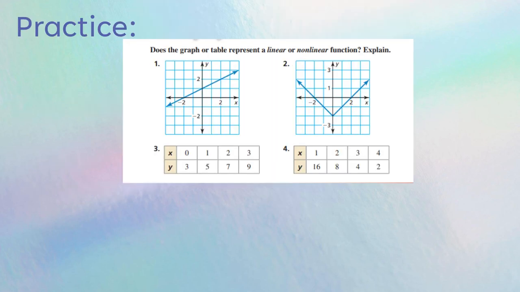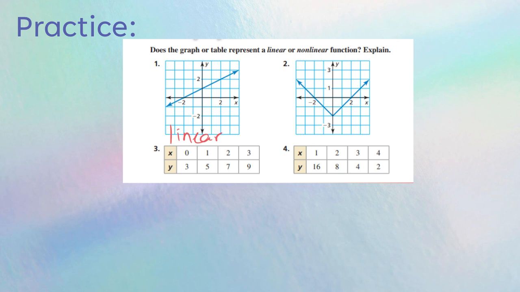Let's practice. Number 1. This is a graph. Does the graph represent a linear or non-linear function? What is it? Linear. We know that this is linear.